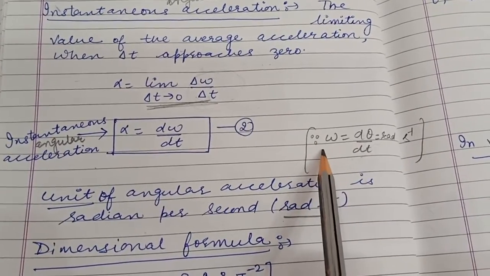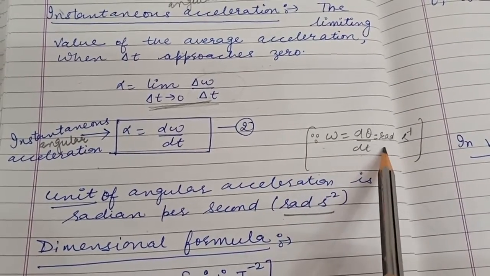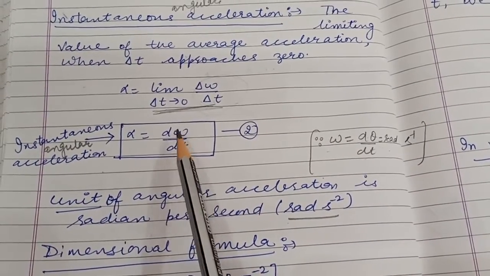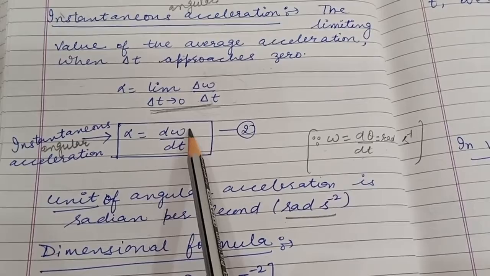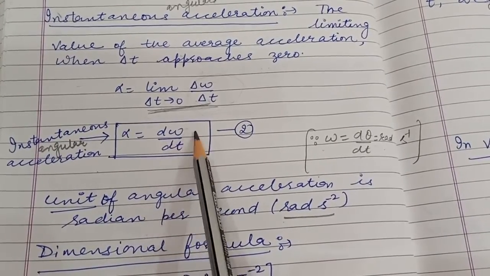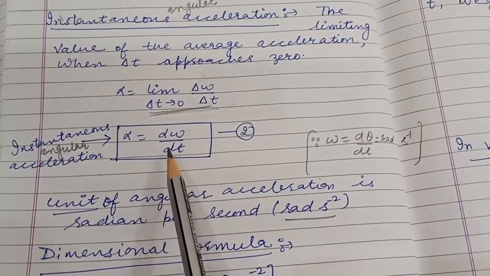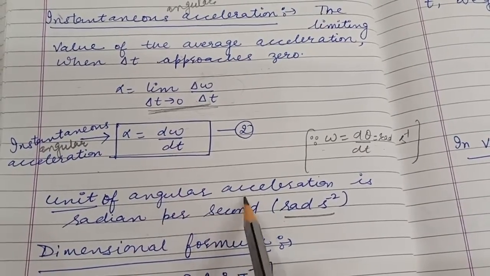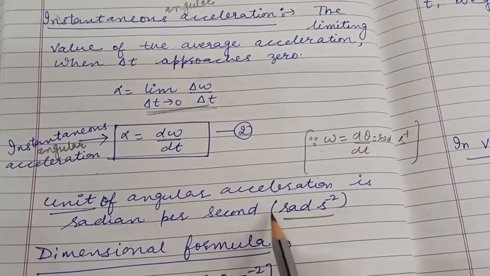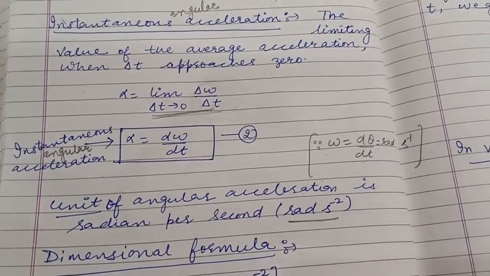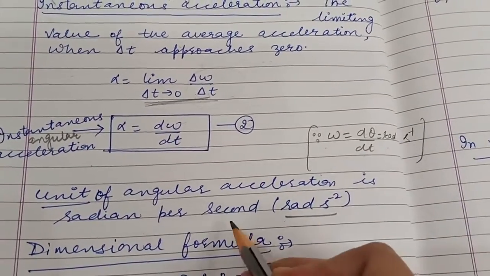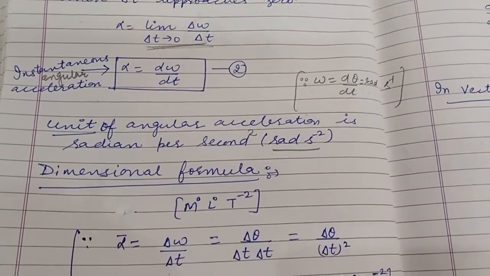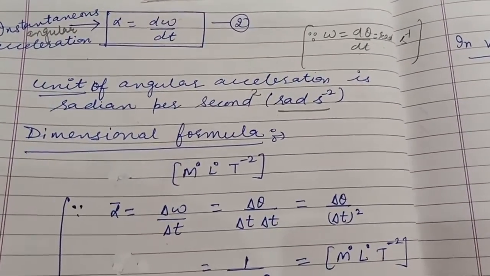So the unit of angular velocity is radian per second. So when we put it here, alpha is equal to radian per second upon second. Clear? So after solving, we get the unit of angular acceleration is radian per second square. Clear?